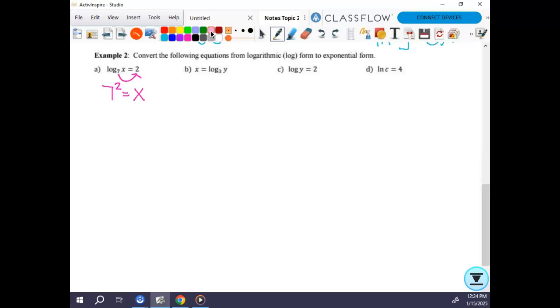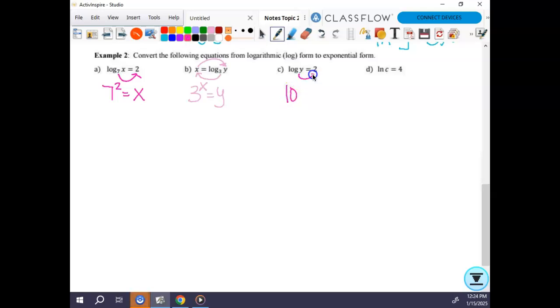Everybody good with that? Okay, so what's the base of my exponential for b? 3. So I'm going to do 3 to the x power equals y. What's the base for C? 10.